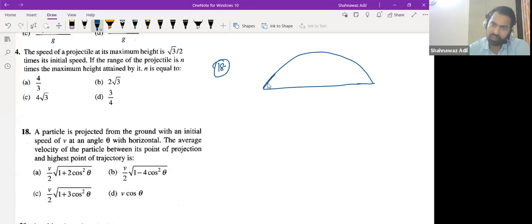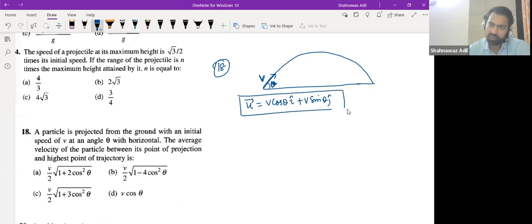So this is theta and this is v. So u is v cos theta i hat plus v sin theta j hat. So this is the velocity. Okay. Now what do we have?